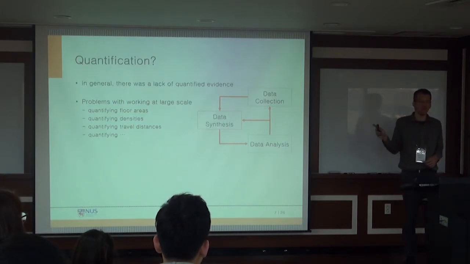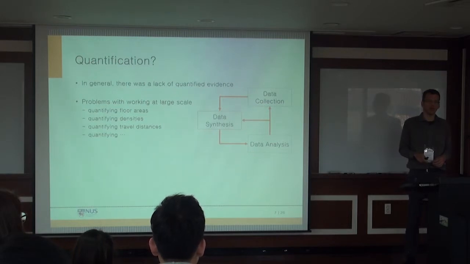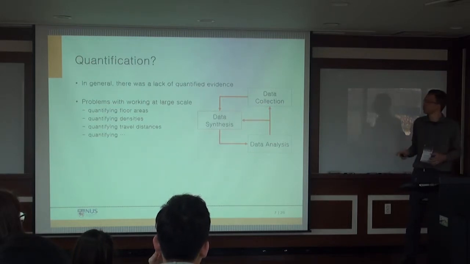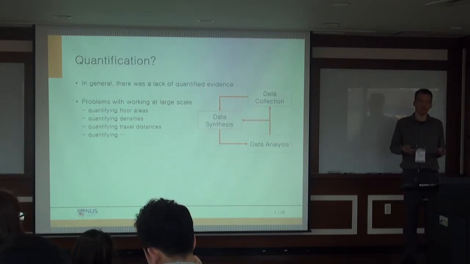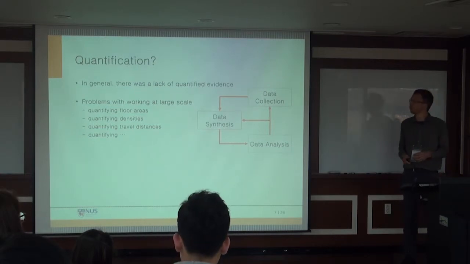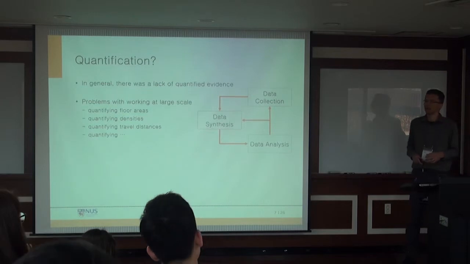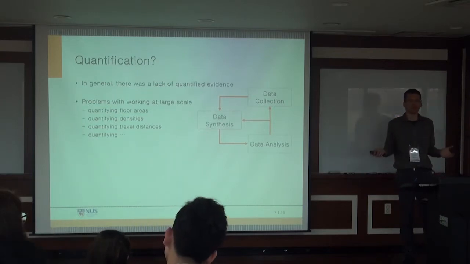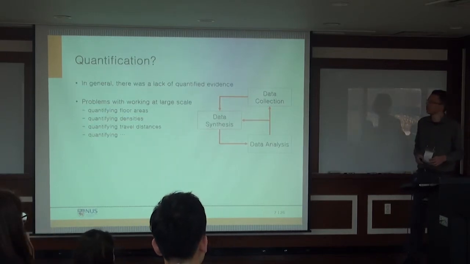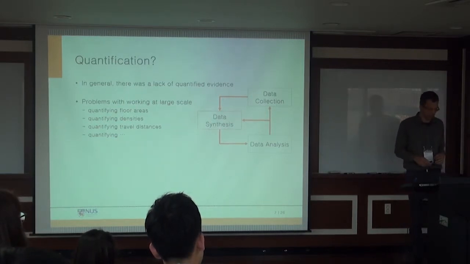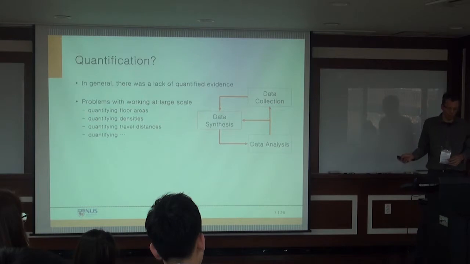You're also not able to really tell whether accessibility is really addressed, whether what percentage of the people actually would live within a certain distance to an MRT station or other modes of transportation. And this was generally observed. I mean, this was not specific to this particular group. There was always a lack of quantified evidence, and we're thinking of quantifying floor areas, densities, travel distances, etc.